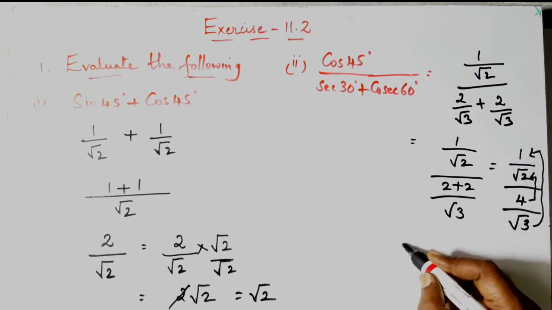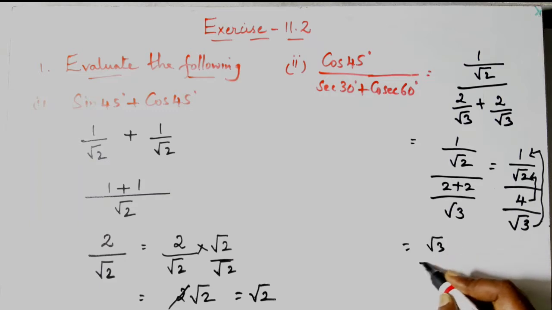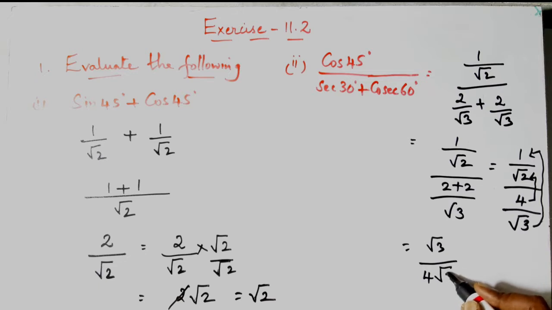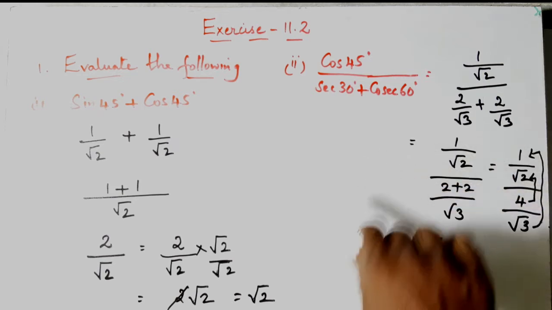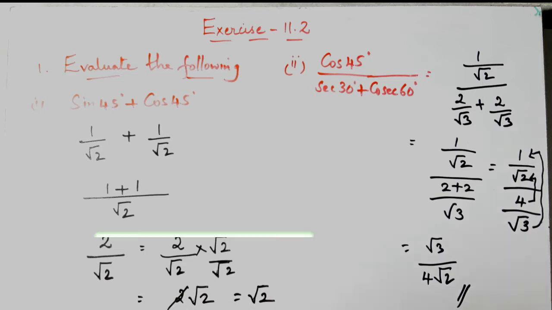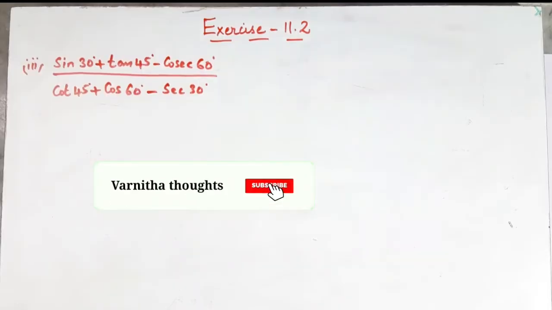Root 3 into 1, root 3 by 4 into root 2. So root 3 by 4 root 2 is the solution for the second. That means first of all you have to memorize the trigonometric table so that you can easily solve these problems. Now let us move to the third one.